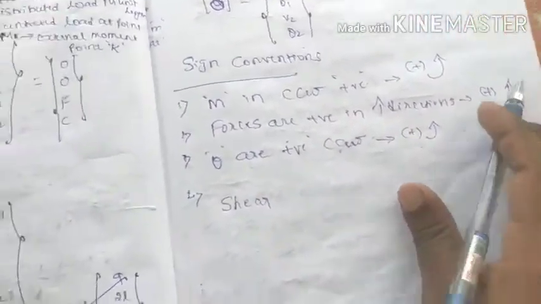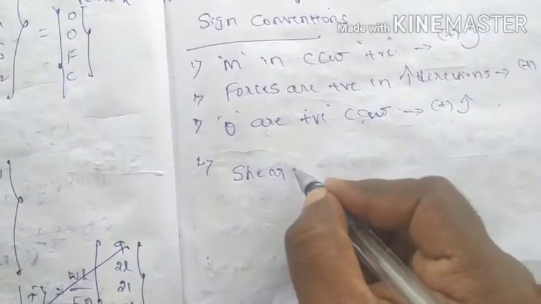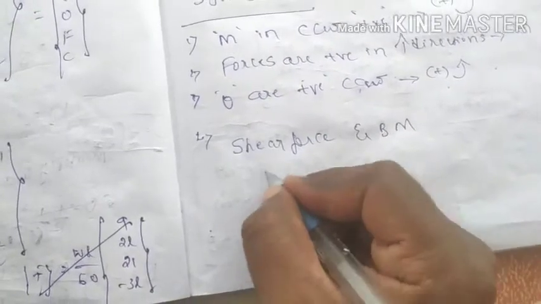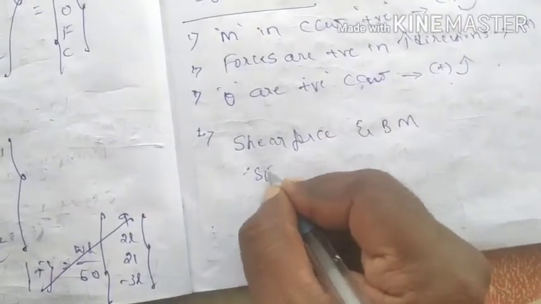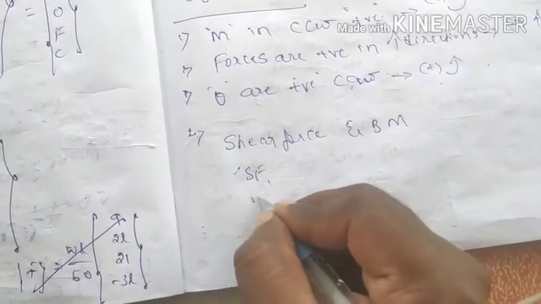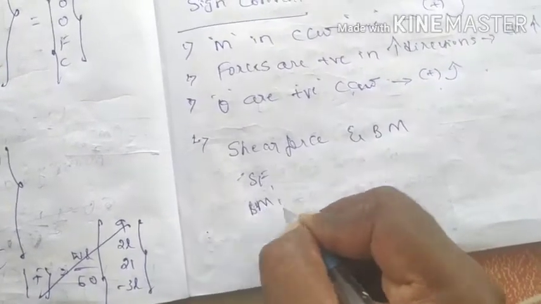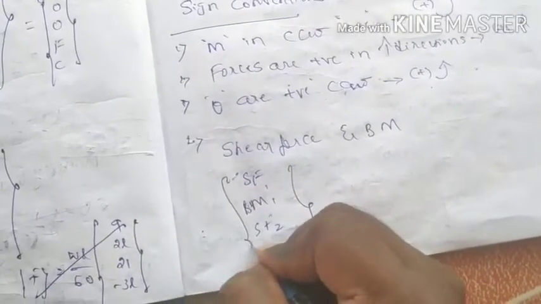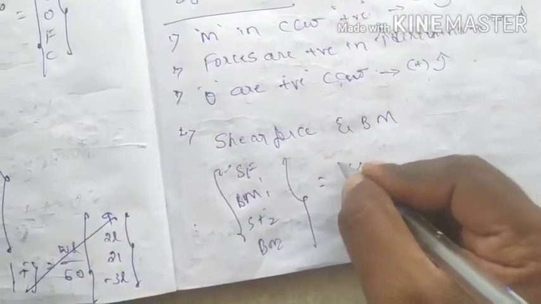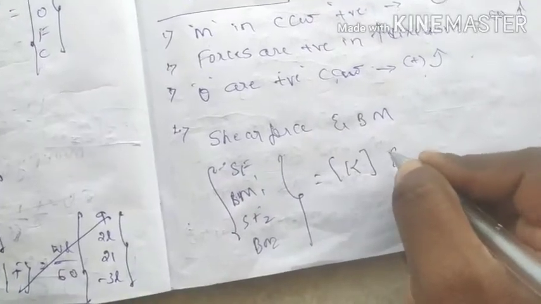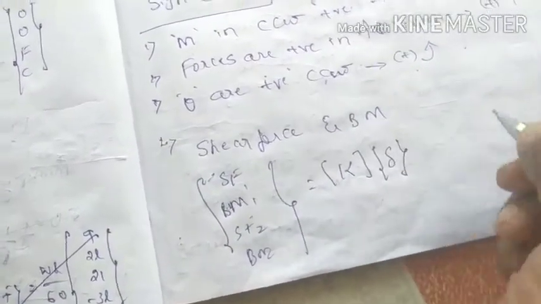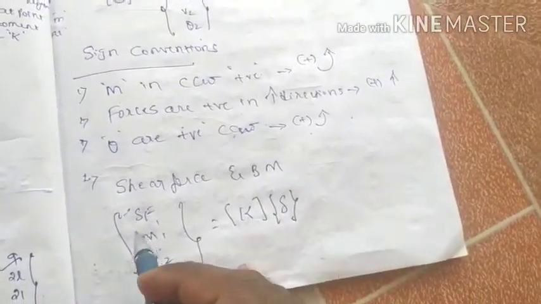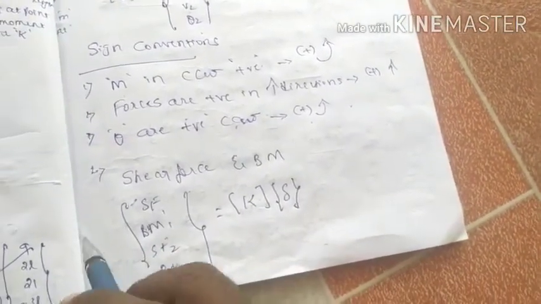And also, for the shear force and bending moment, suppose you have to calculate them: shear force at node 1, bending moment at node 1, shear force at node 2 and bending moment at node 2 is equal to K, the global stiffness matrix, into the global displacement vector Q. If you do this, you will get the shear force and bending moment at that particular node.